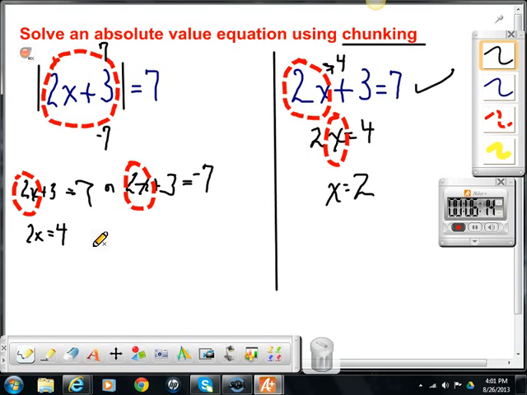Now we have to be a little bit more careful over here. This chunk plus 3 equals a negative 7. So our chunk can equal a negative 10.